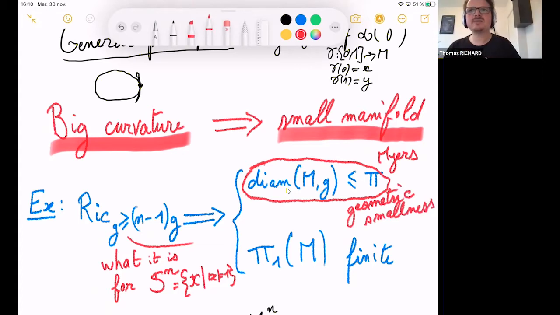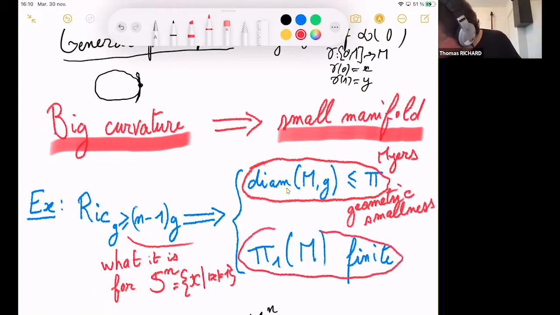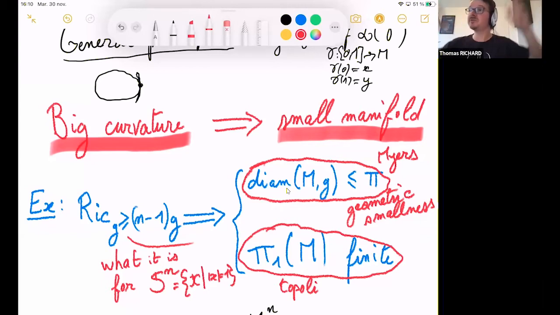And from that, you can deduce a topological corollary, which is that the fundamental group of the manifold is finite. Basically, if you've done a little bit of topology, this conclusion on the diameter will hold also for the universal cover of M. And the universal cover will have finite diameter.